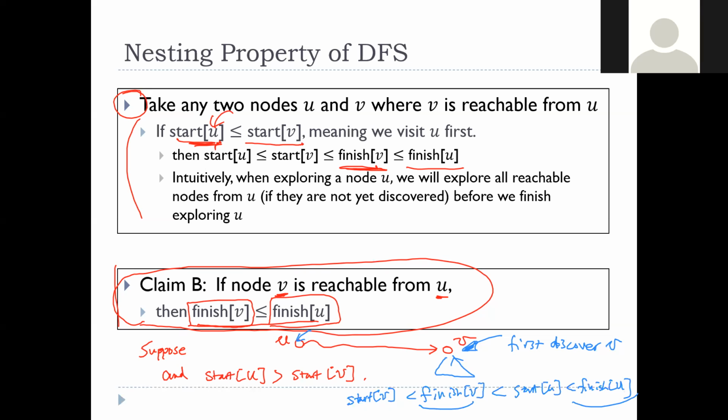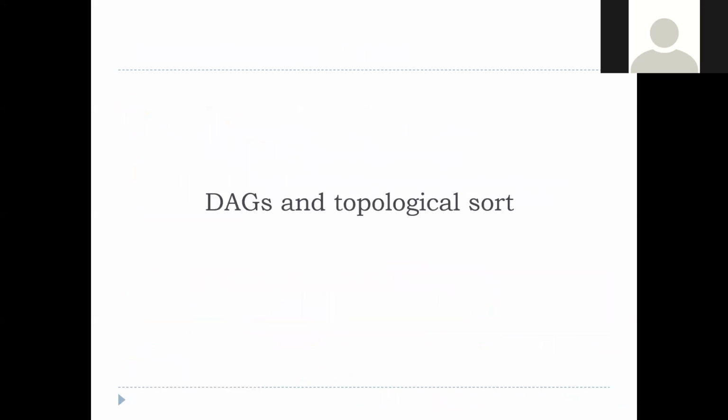So combining this observation with this, it doesn't matter who is discovered first, U or V. In either case, V has to finish first before U finishes. Okay, a simple way again to remember this is that if a node V is reachable from U, then we definitely have to finish exploring V, the descendant, before we can finish any of its ancestors, essentially. Okay, so this is the claim. All right.